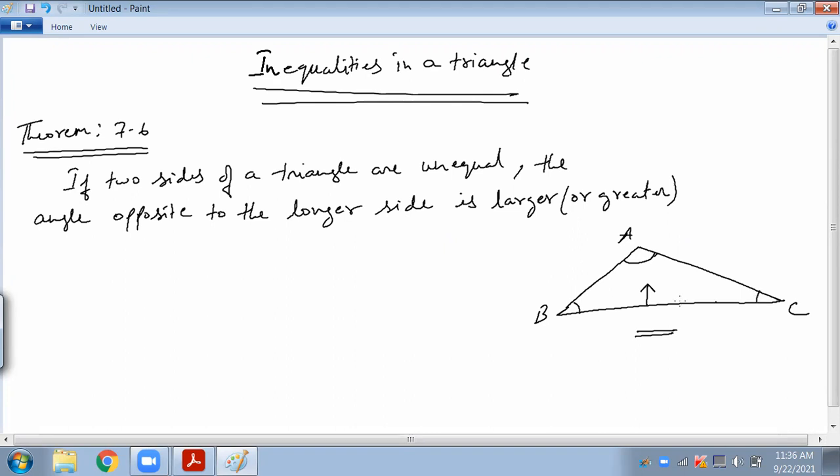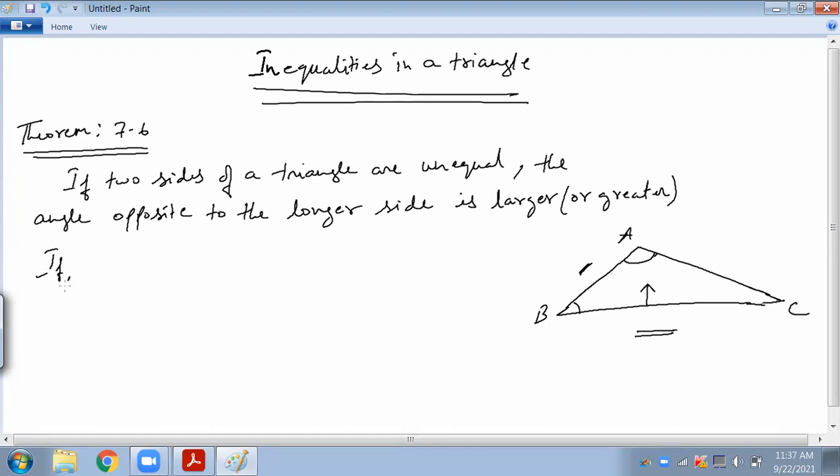So if two sides of the triangle are unequal, say if you consider BC and AB, in the figure also we can see clearly that BC is greater than AB.